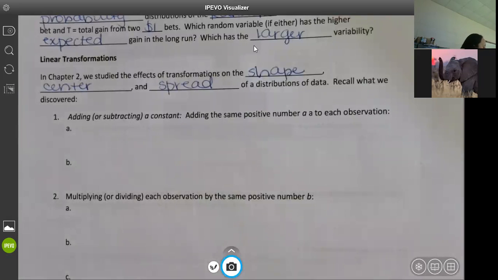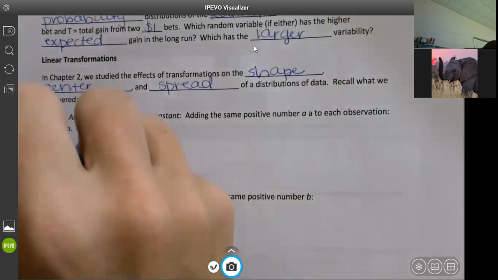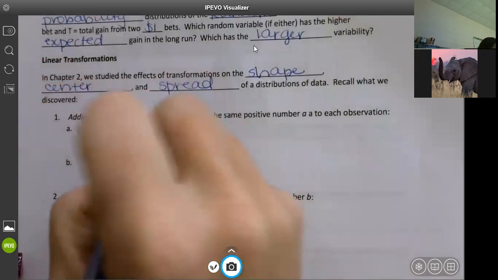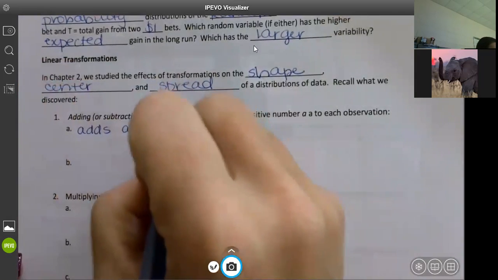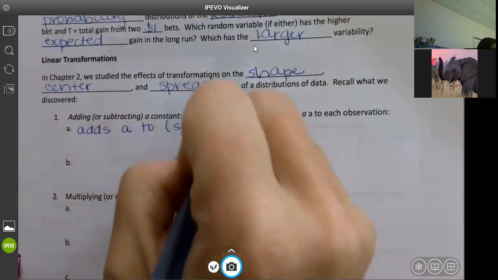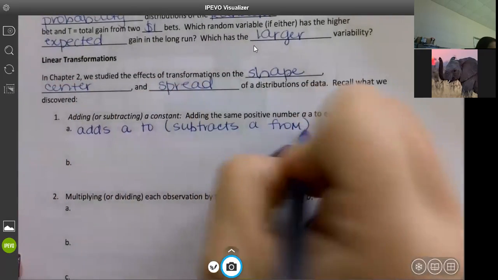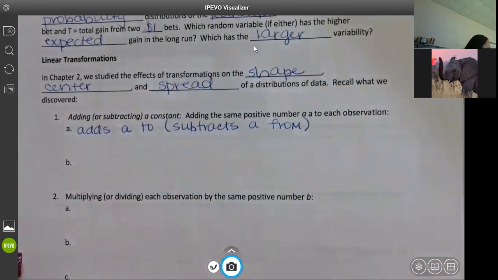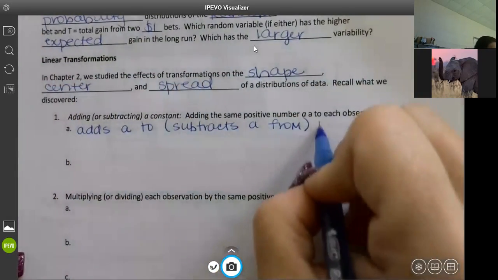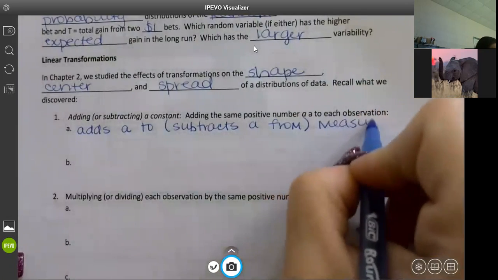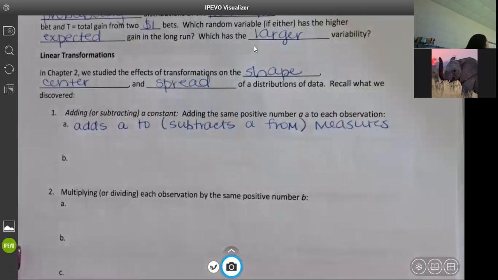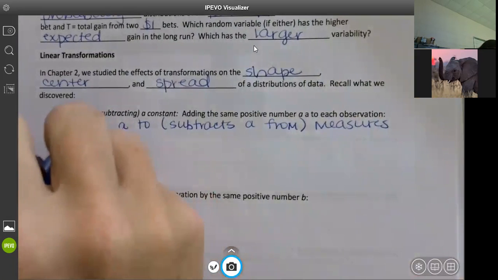So adding or subtracting a constant, adding the same positive number A to each observation adds A or subtracts A from measures of center and location.